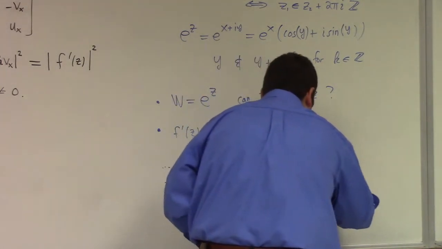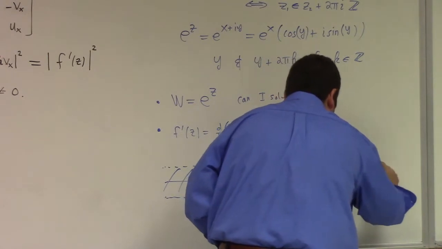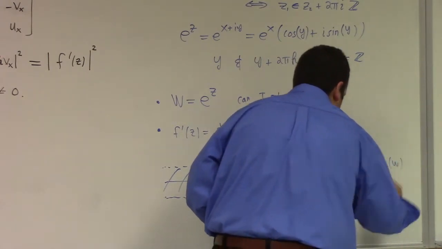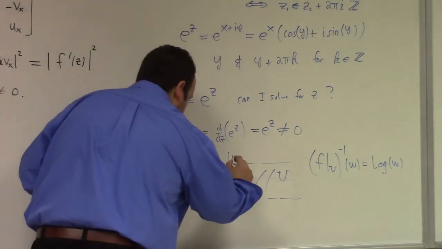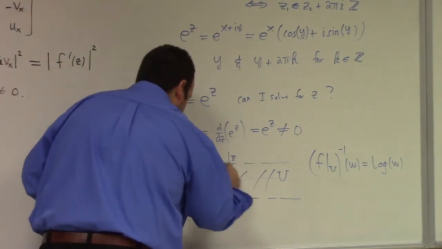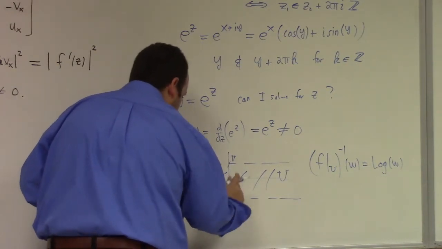If we take f restricted to U, the inverse of w is equal to the principal log of w. This is pi, and here y equals pi, y equals minus pi.